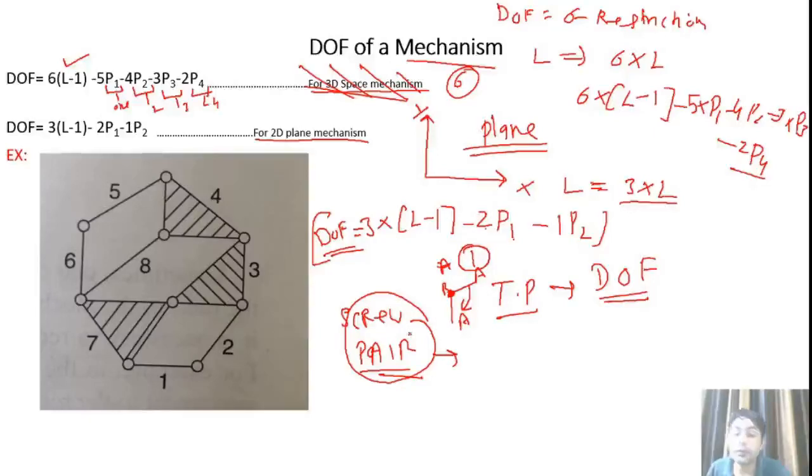So in a screw pair, what type of motions are there? When we rotate this screw, what will happen?